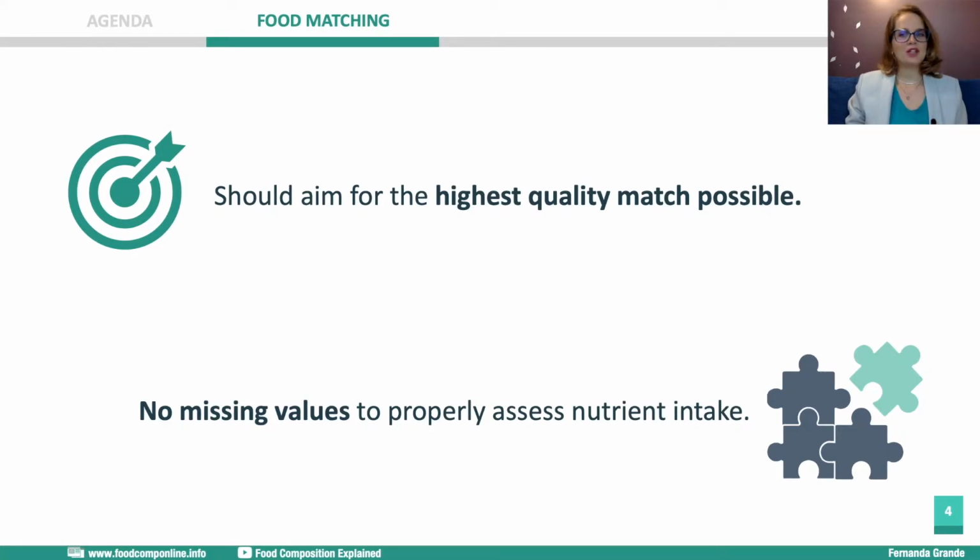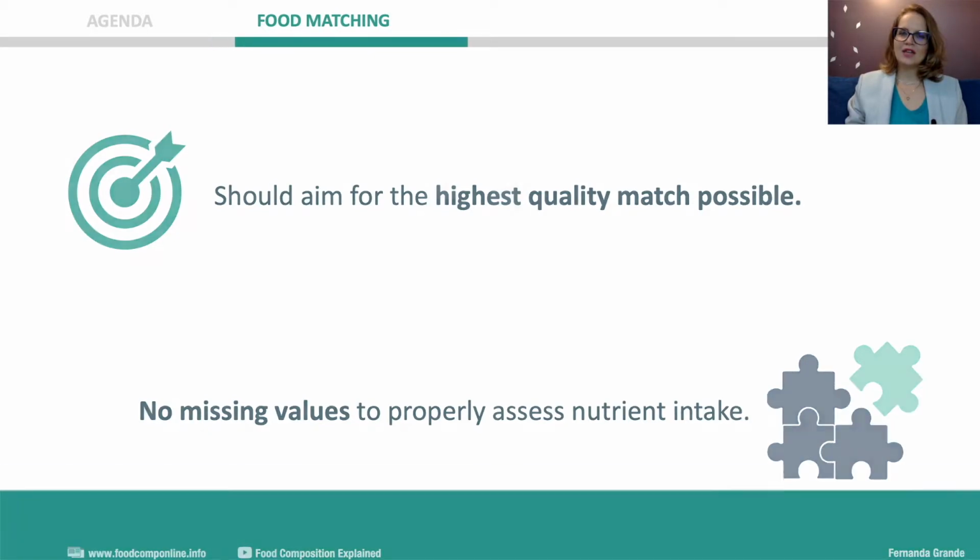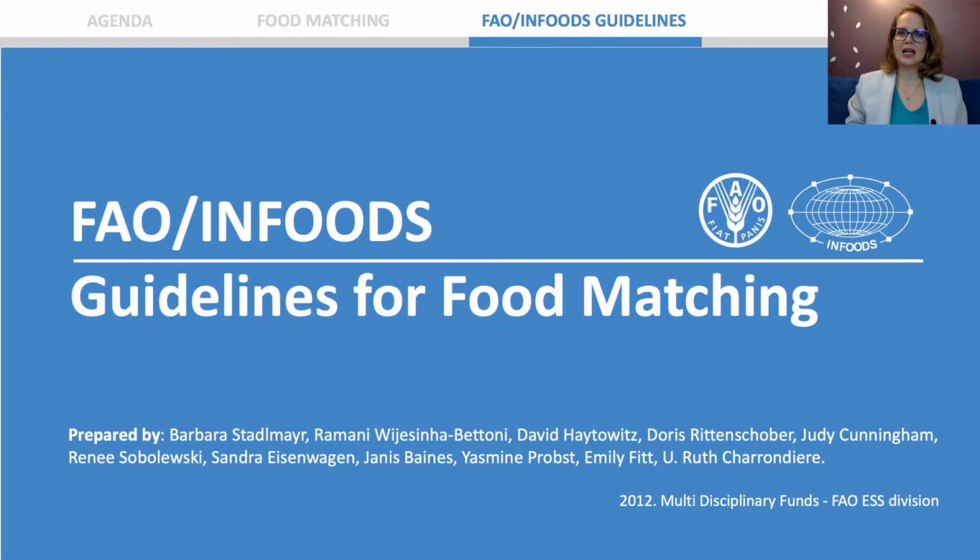So as food matching procedures are critical to obtaining high quality estimations of nutrient intake, FAO and INFOODS developed the guidelines for food matching for a more harmonized procedure and to point out critical steps and information in order to achieve the most appropriate food matching.